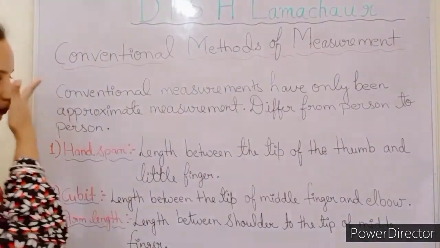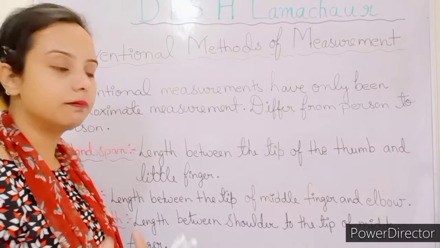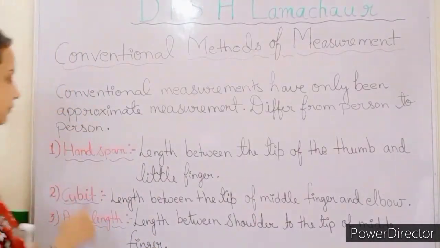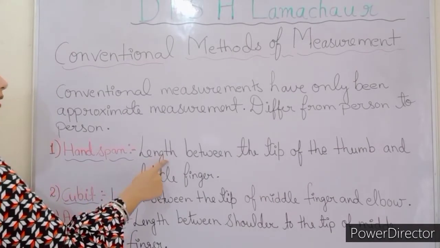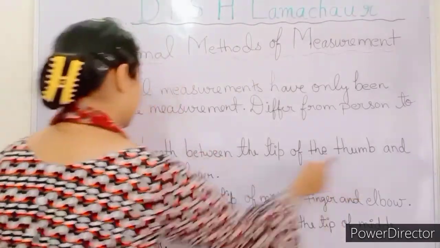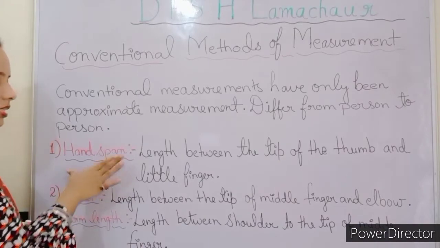Now there are some different methods of approximate measurement, or we can say conventional measurement. The first one is the hand span. The length between the tip of the thumb and the little finger is known as the hand span.